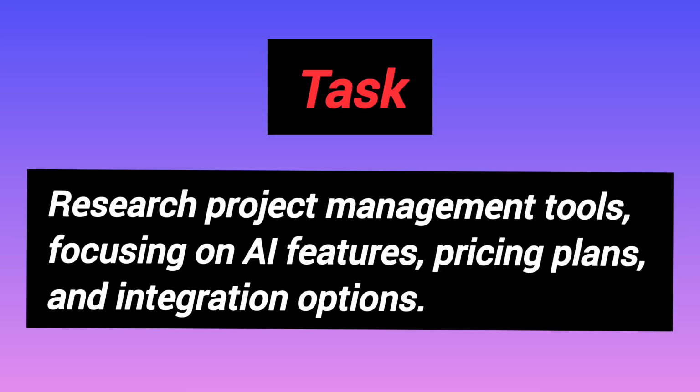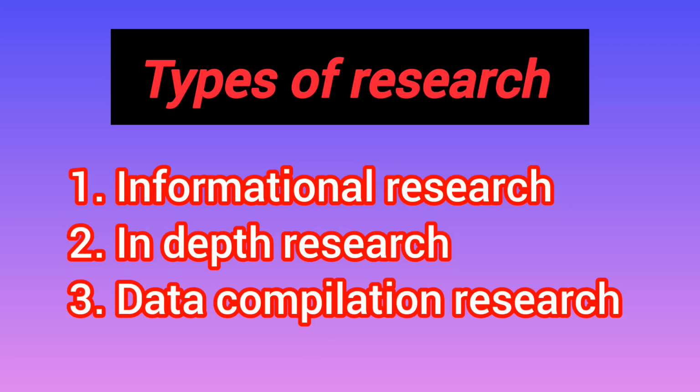Research project management tools focusing on AI features, pricing plans, and integration options. We basically have 3 types of research. We have informational research, in-depth research, and data compilation research. Informational research has to do with using Google search and seeing what is learned.